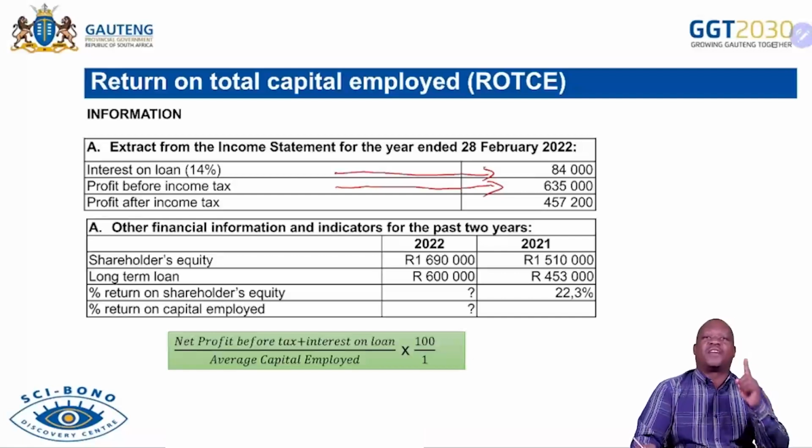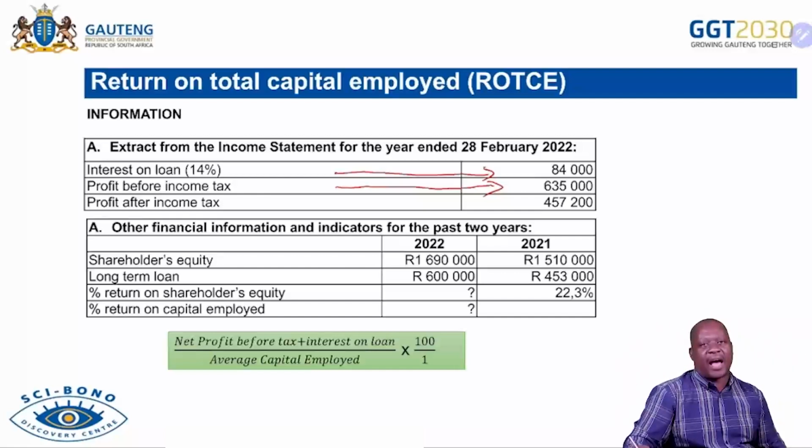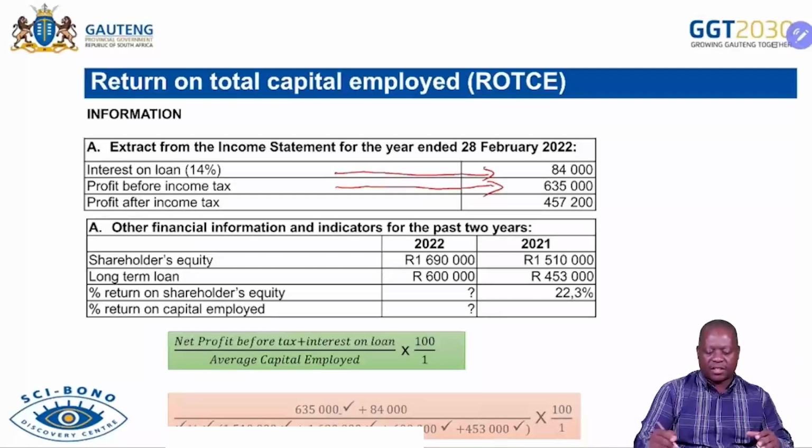We are also going to have the opening loan balance plus the closing loan balance. We add them together and then we divide by 2, because 2 of those figures represent the beginning of the year and 2 represent the end of the year. We divide by 2 so that we can find the denominator. So let's see how it is going to look.